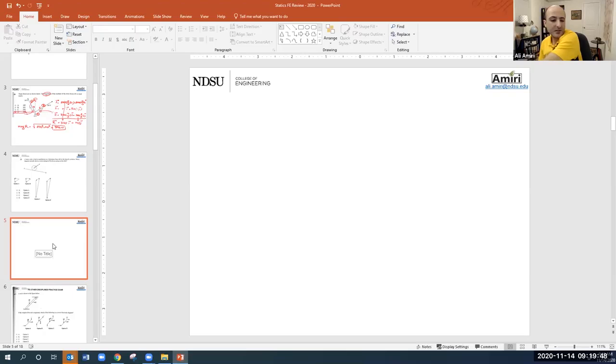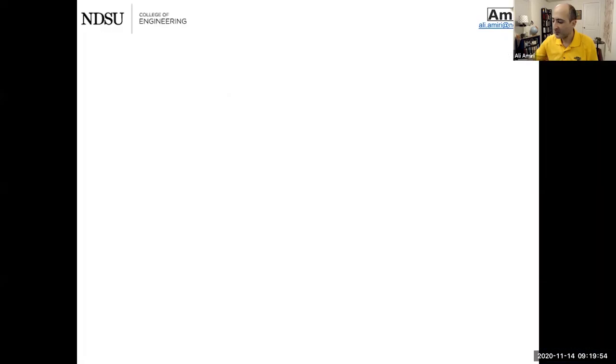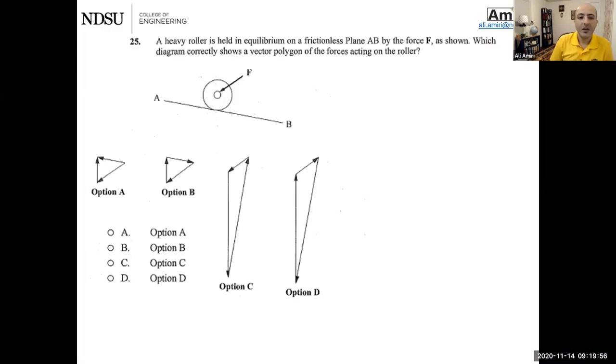Let's have this here to just quickly go over free body diagrams. A heavy roller is held in equilibrium on a frictionless plane AB by the force F as shown. Which diagram correctly shows a vector polygon of the forces acting on the roller?